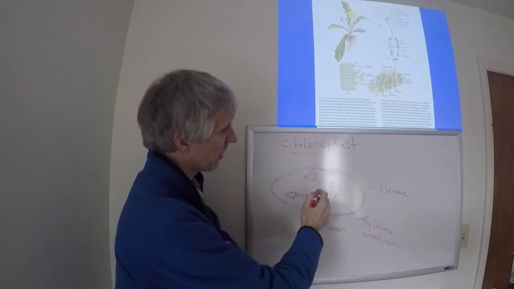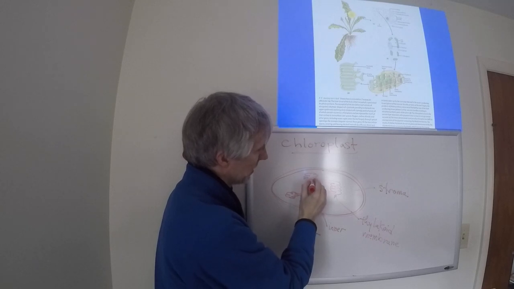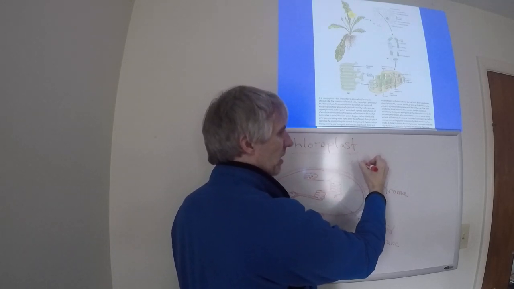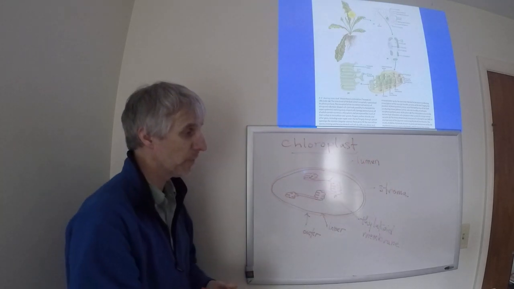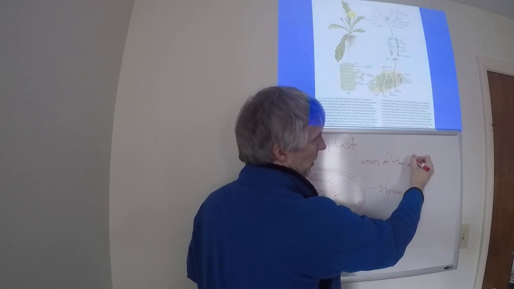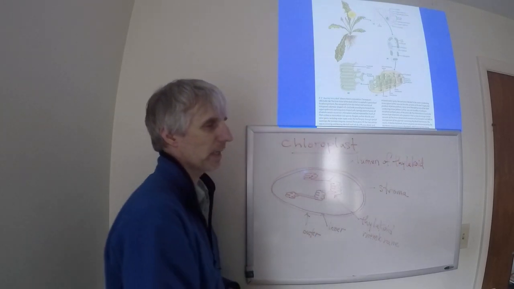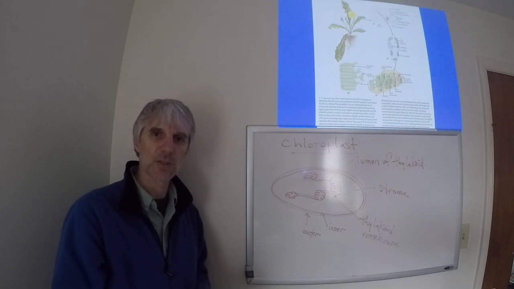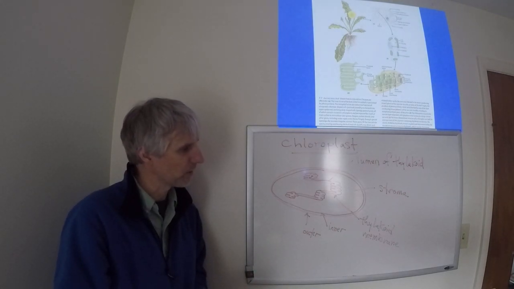And then we have another compartment that's formed right inside that thylakoid membrane, which I'm going to call the lumen of the thylakoid. I joke in MCB that all of the organelles have different names for their lumens. I think that's silly. Let's just call it the lumen of the thylakoid and we'll all know what we're talking about.